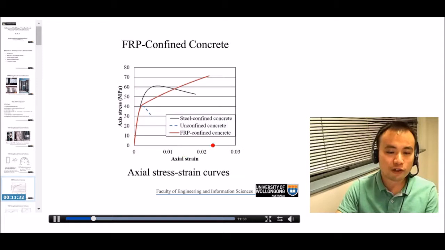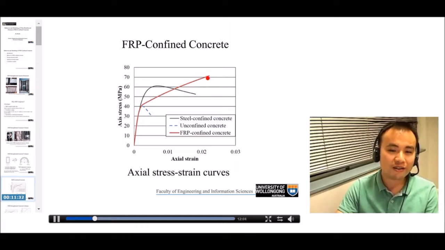This slide shows you the actual stress-strain curves of unconfined and confined concrete. This short blue curve is for unconfined concrete with a strength of 40 megapascals. You can see it's basically a very brittle material. When it reaches its peak stress, the stress decreases vertically. And this long red curve is for FRP-confined concrete.